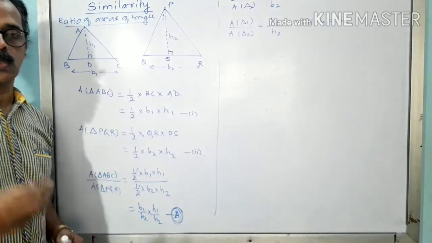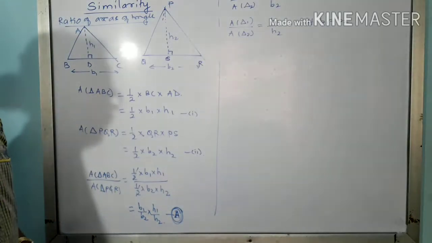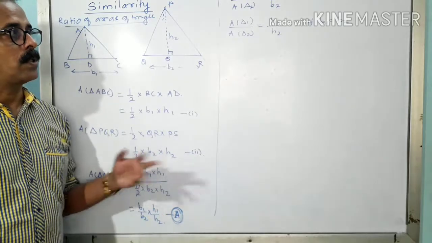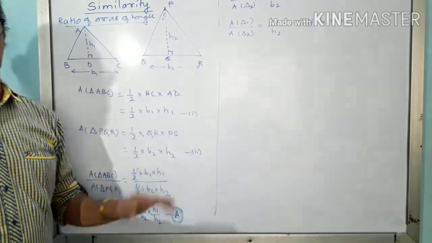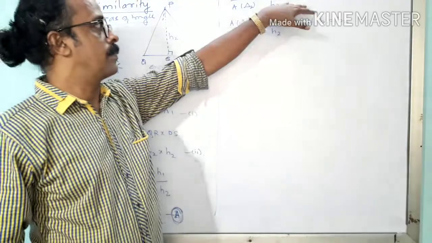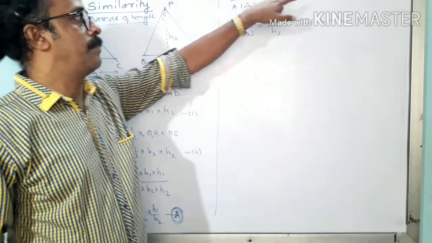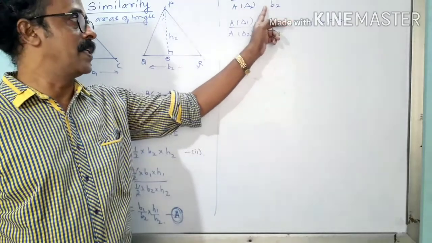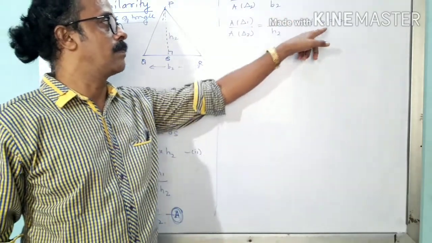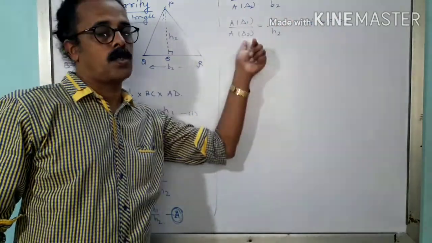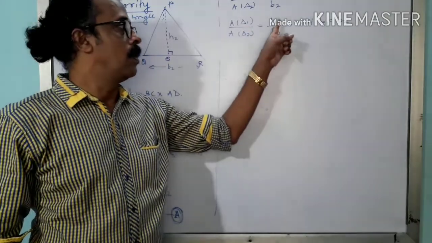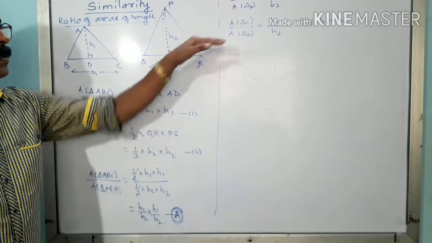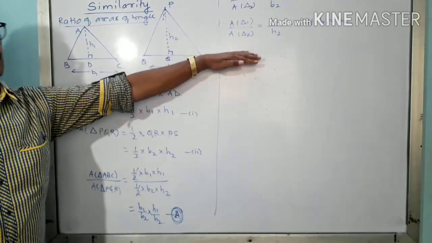So in total we studied 3 conditions today. The ratio of areas of two triangles is equal to the ratio of the product of their corresponding bases and heights. If two heights are equal, the ratio of areas is equal to the ratio of their corresponding bases, and if two bases are equal, the ratio of areas of two triangles is equal to the ratio of their corresponding heights. This is the understanding of that particular case.